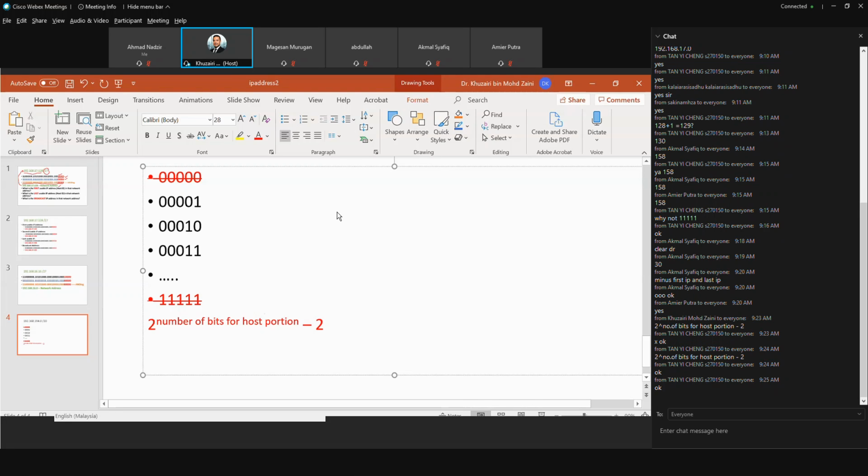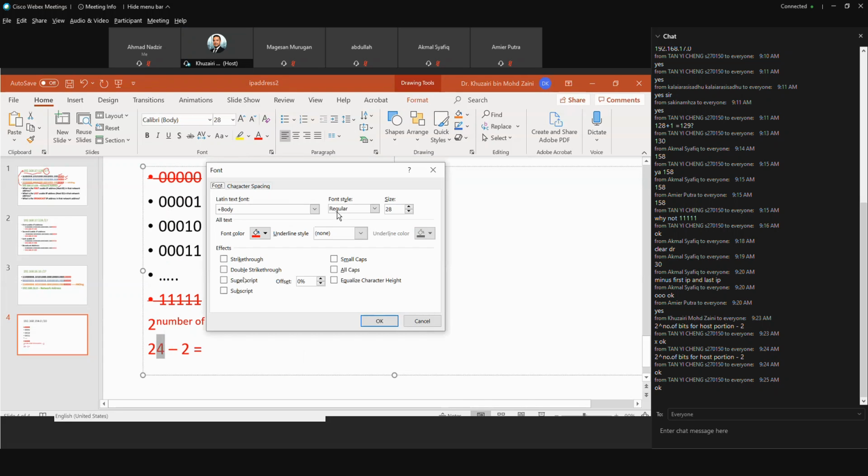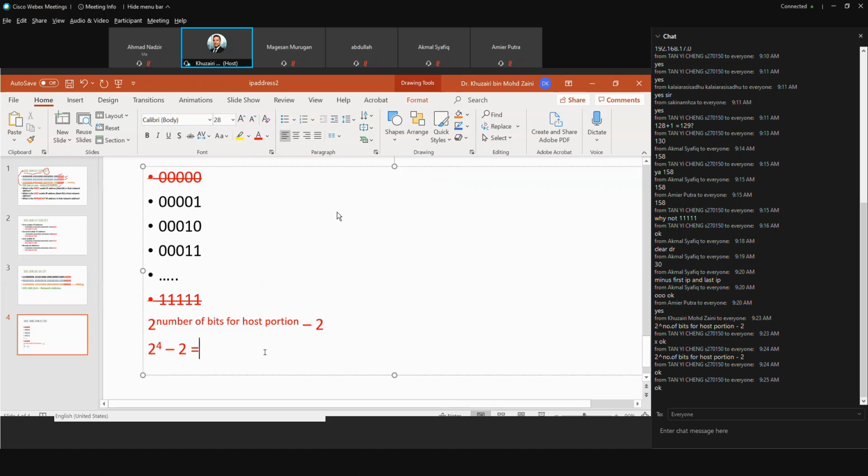2 to the power of the number of bits for the host portion minus 2. For example, you have 4 bits for your host portion. 2 to the power of 4, minus 2. What do you get? You get 14.